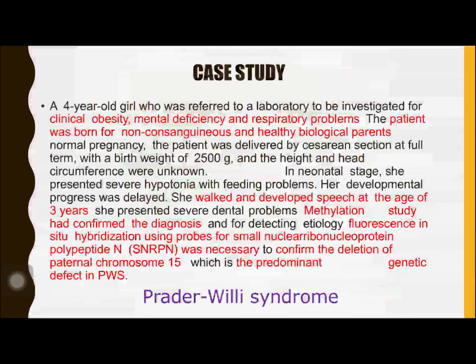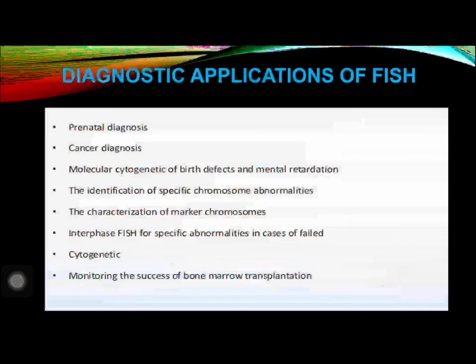For detecting the etiology, fluorescence in situ hybridization using probes for small nuclear ribonucleoprotein polypeptide N, SNRPN, was necessary to confirm the deletion of paternal chromosome 15, which is the predominant genetic defect in Prader-Willi syndrome.